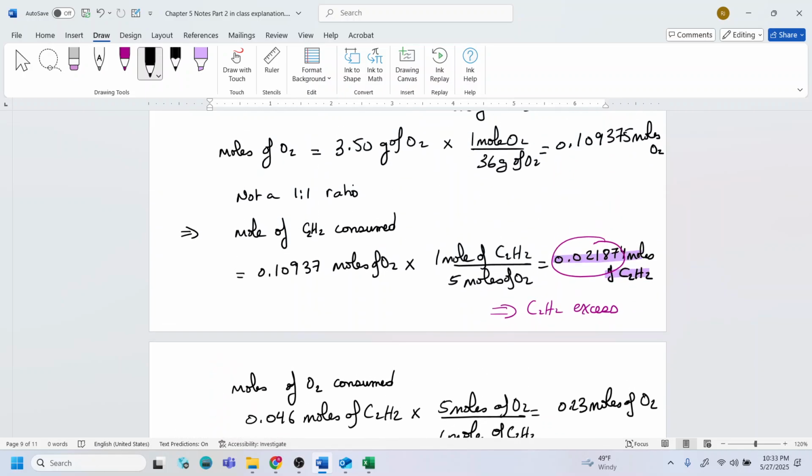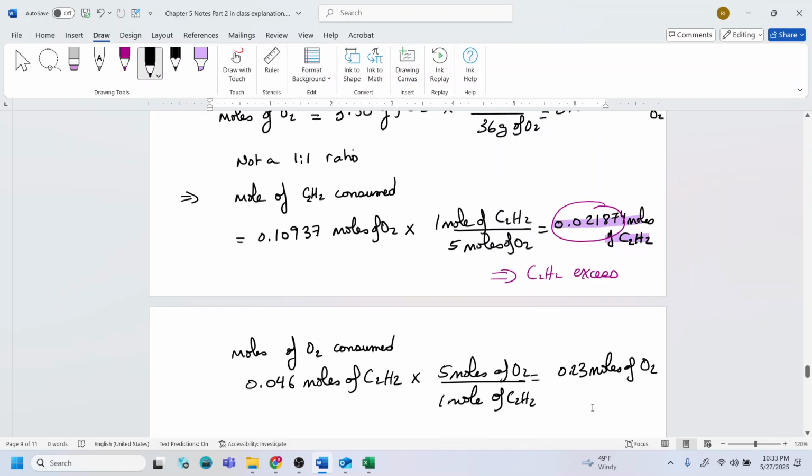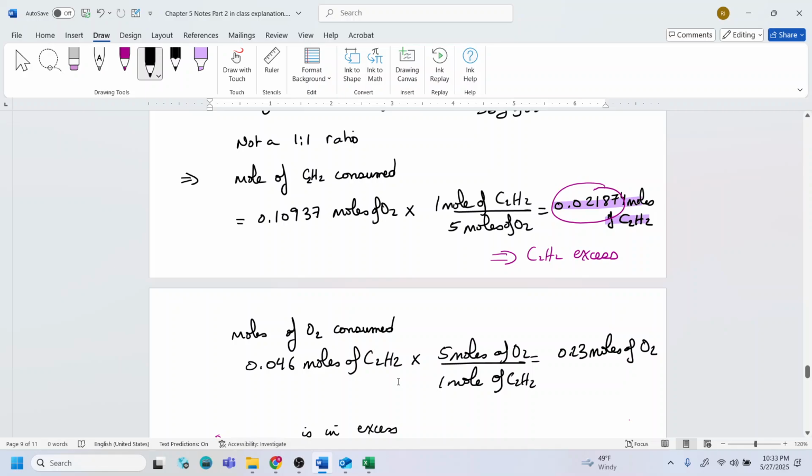So take a look over here. There is no way, because I have 0.1 moles of oxygen. I do not have 0.23. So there is no way. This means that oxygen is going to be the limiting reagent in this case.